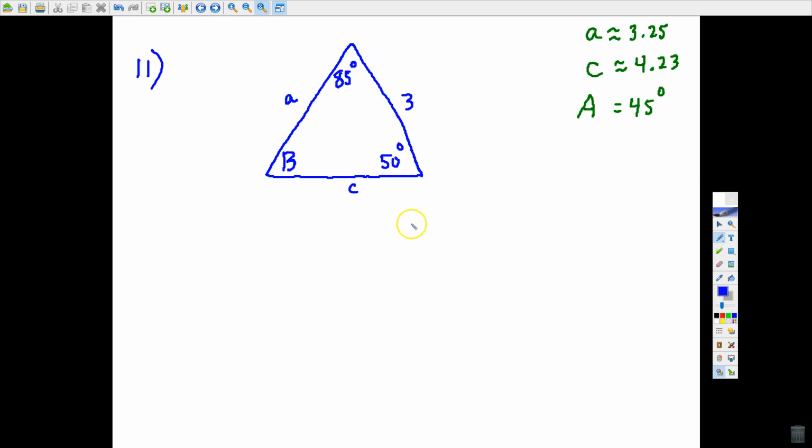All right, similar type of problem here. We can go ahead and figure angle B, 180 minus 85 minus 50, and that should be angle B here, is 45 degrees.